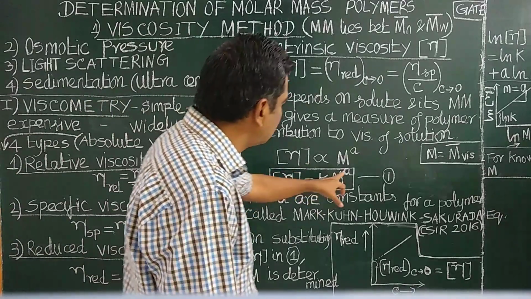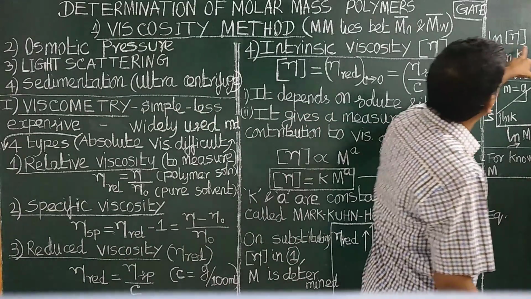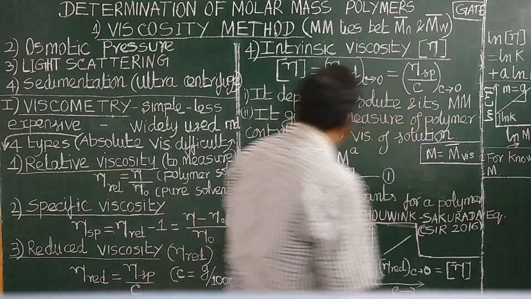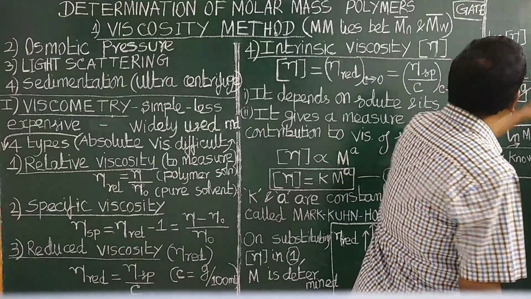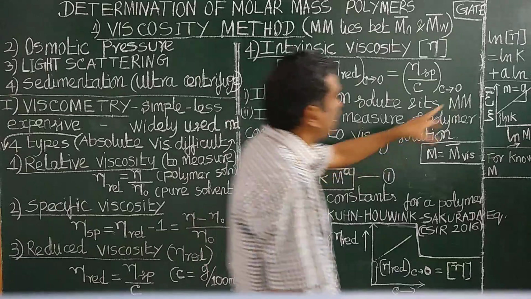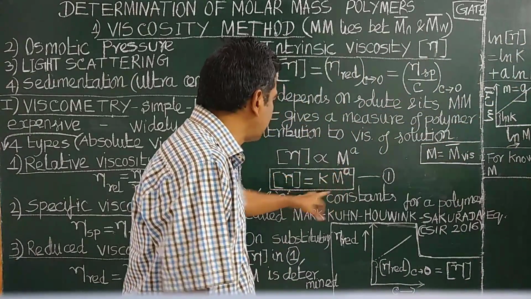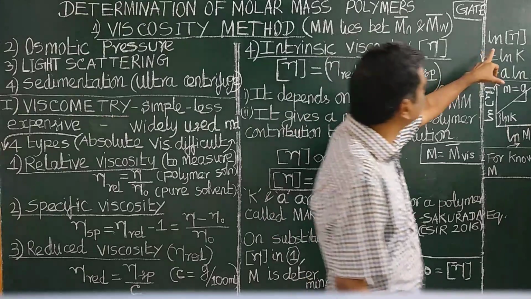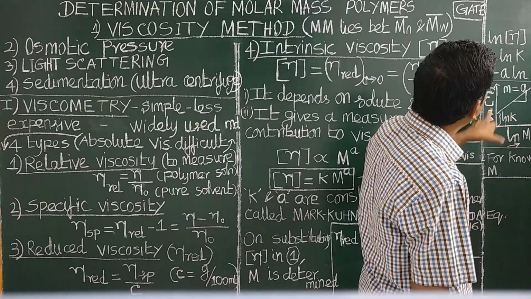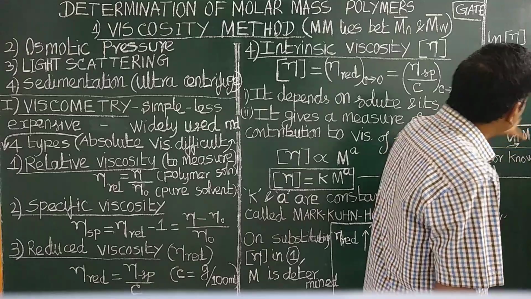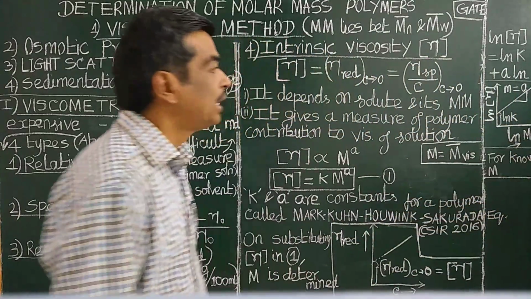Let us take the logarithm of equation 1. Taking the logarithm, ln of intrinsic viscosity equals ln K plus a ln M. The power will come down as a ln M. As such, this is not a straight line equation, but now it becomes a straight line equation. Therefore, ln eta versus ln M gives a straight line.